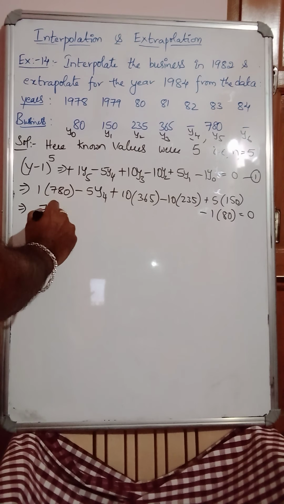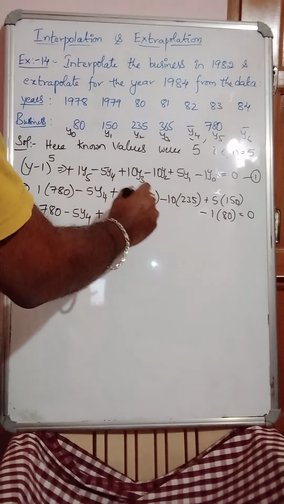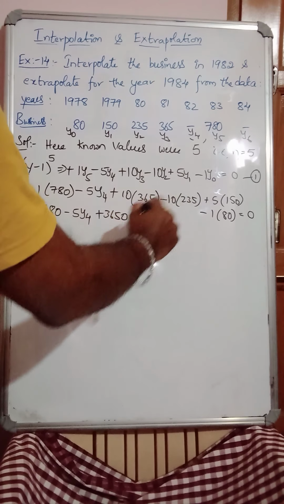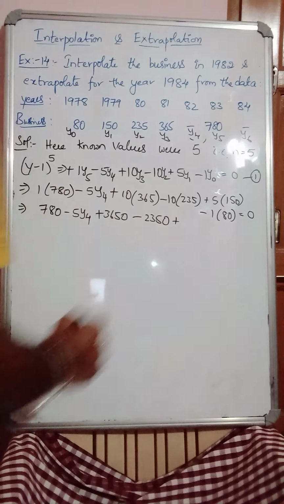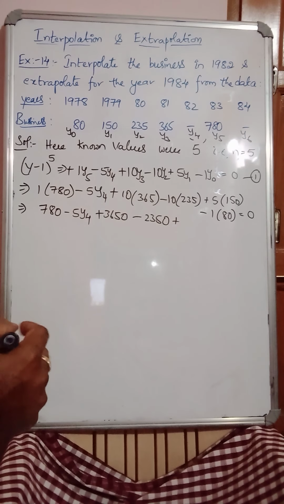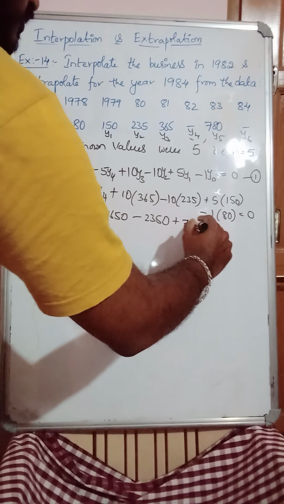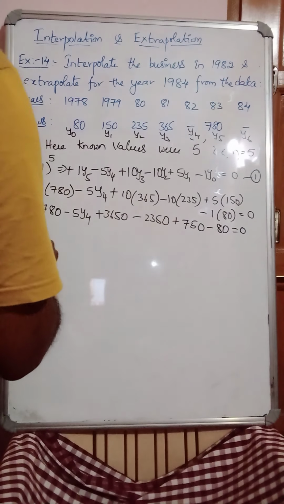That is 780 minus 5y4 plus 365 into 10 is 3650 minus 2350 plus 15 5s are how much? 15 5s are 75. 750 minus 80 equated to 0.